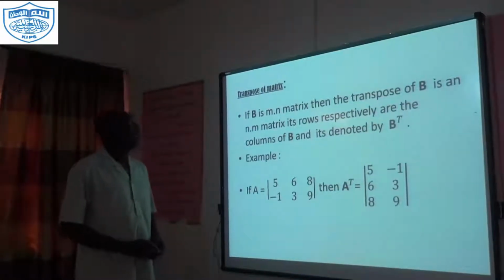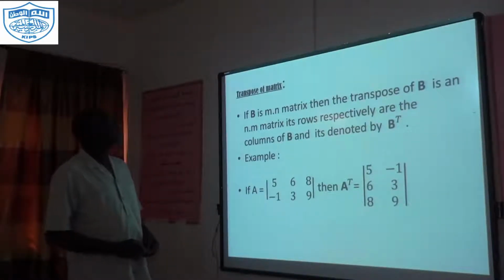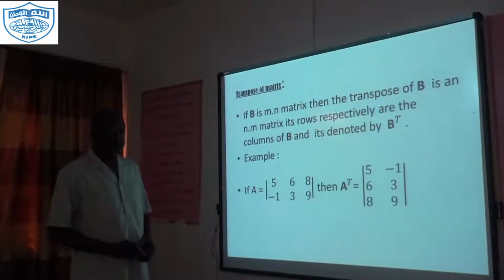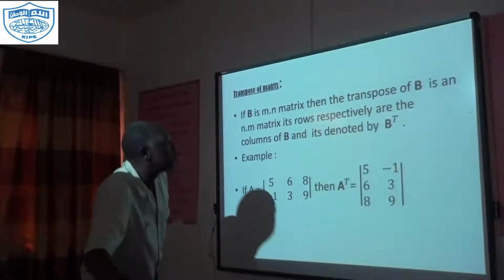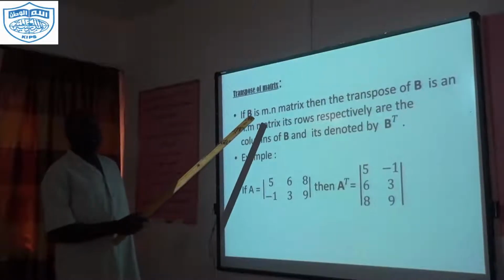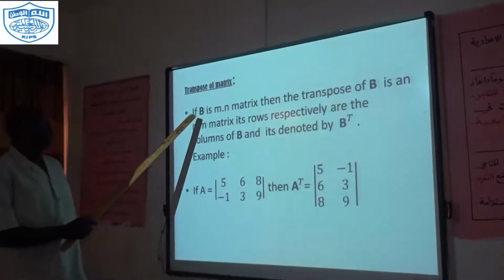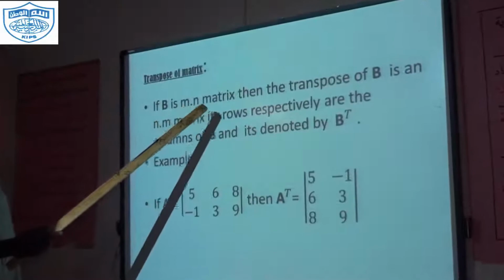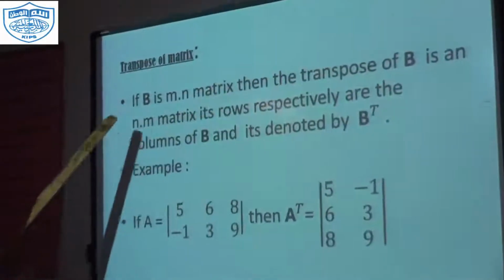So we go to another section of matrix, transpose of matrix. If B is an m by n matrix, then the transpose of B is an n by m matrix.